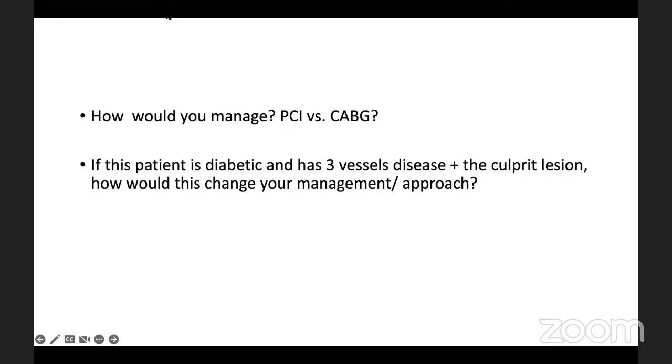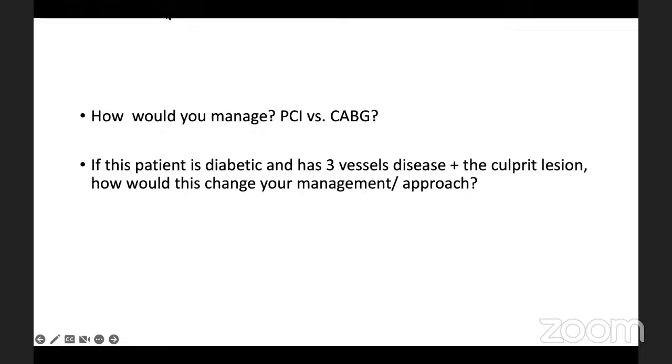I'm just asking if you're aware of any recommendation regarding this situation. In acute STEMI, I don't remember any specific recommendation on whether they can stent it. I think they can, but I don't remember any specific recommendation for this.